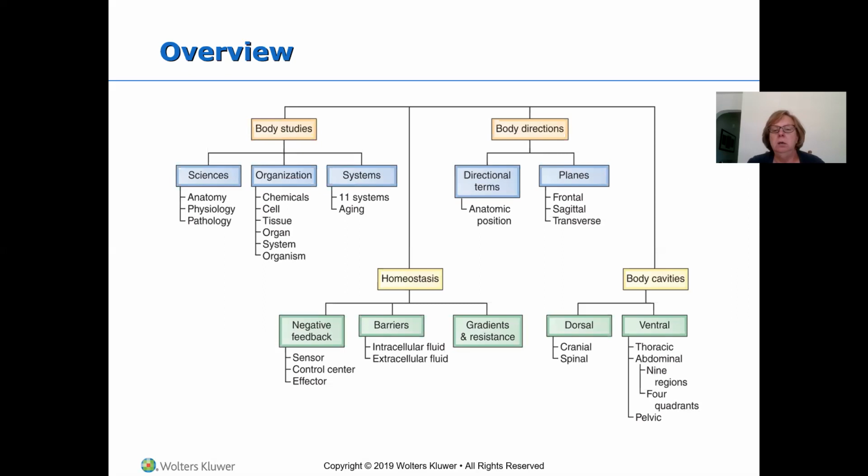Body direction, we're going to be looking at some of those directional terms, as well as how we cut the body in imaginary planes, and we'll look at all of that, homeostasis, and what organs are found in the body cavities as well.